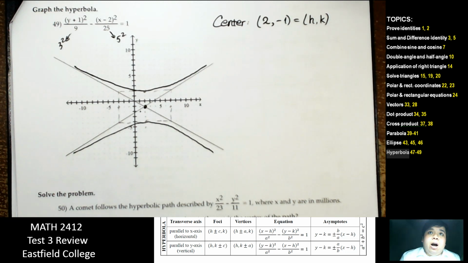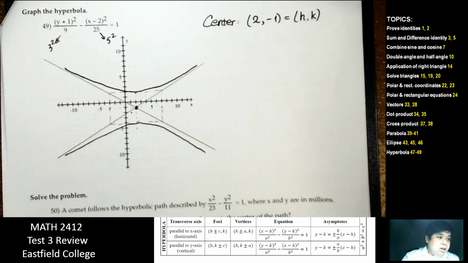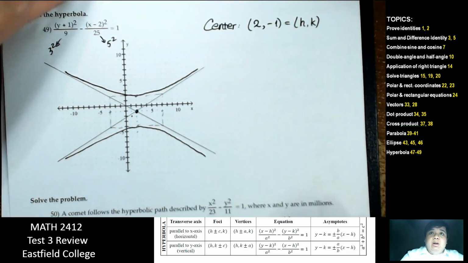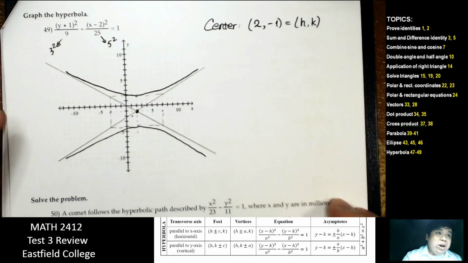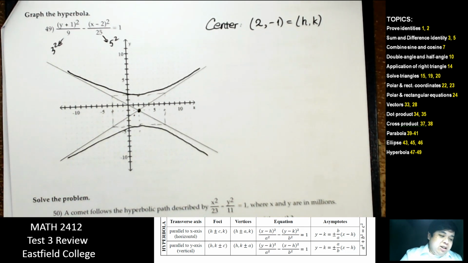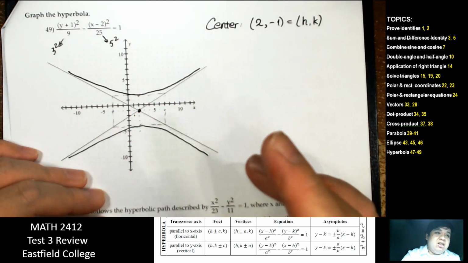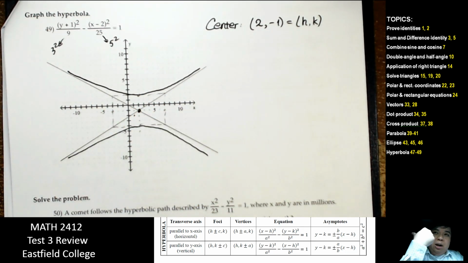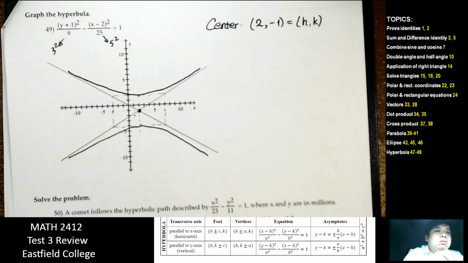Right. With that, we cover everything. And on the last 3 topics of the conic sections, we always have to go with the graph. Everything will base off the center for the ellipse and hyperbola. And for the parabola, we do not have the center, we only have the vertex.